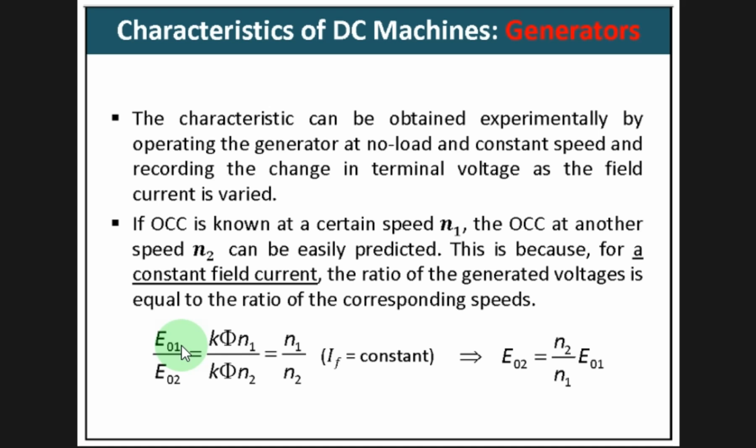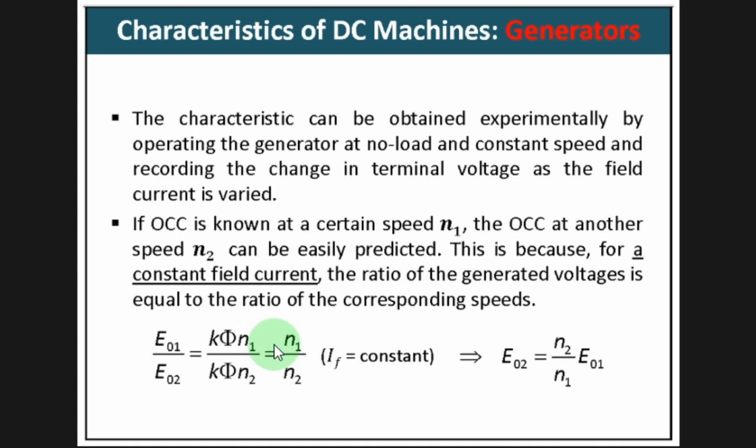Therefore E01 over E02, where E01 we have proved is K phi N1. K is called the armature constant, phi is the flux, and N1 is the angular velocity, the rotation speed. This divided by the corresponding expression for E02, these two are equal because the field current is constant, so the ratio becomes N1 over N2.